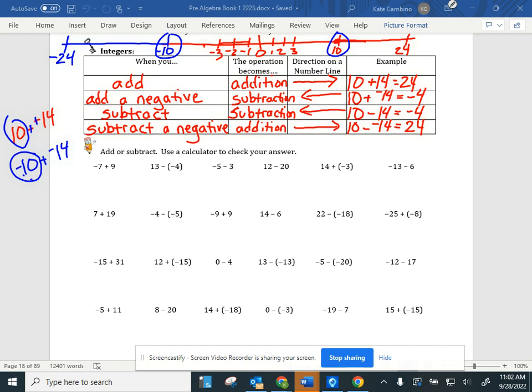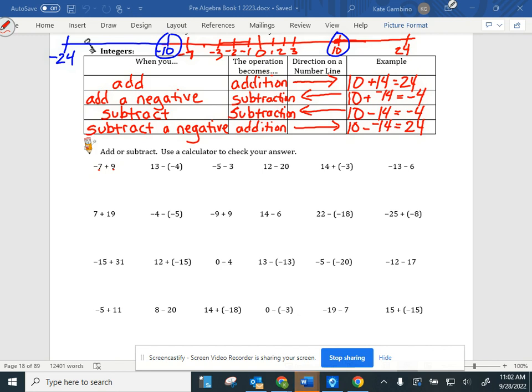So let's look at this. I'm going to erase this so we can focus. So if we're at negative 7 plus 9, where do I start on my number line? What number am I going to start at? Negative 7. So I'm going to start at negative 7, and I'm going to add 9.